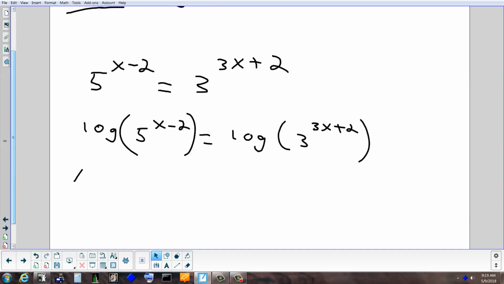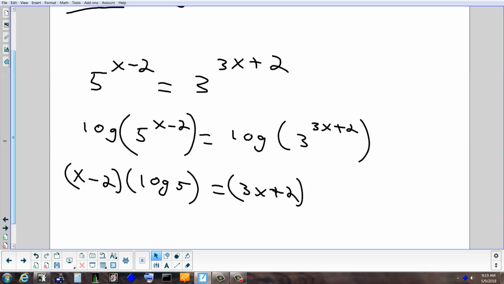So we have x minus 2 times the log of 5. And then we have 3x plus 2 times the log of 3. Any questions on that?